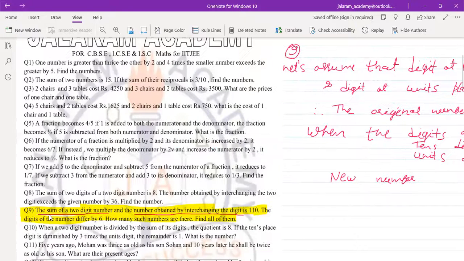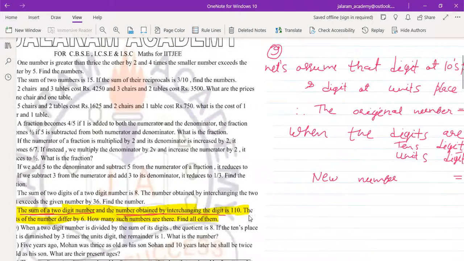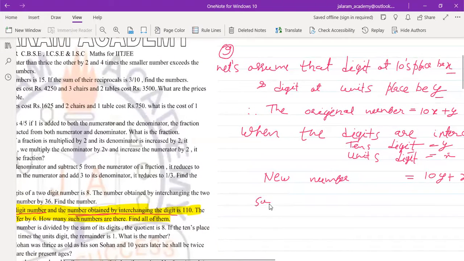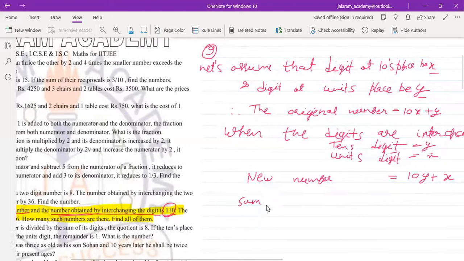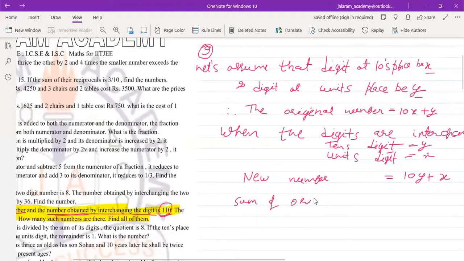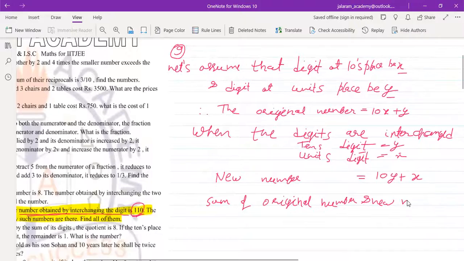Now according to the question, it is given that the sum of the two-digit number and the number obtained by interchanging the digits is 110. First find the sum in terms of x and y only.